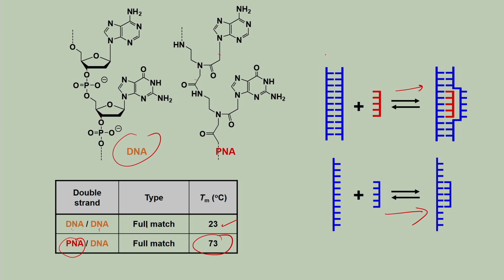This is a DNA double helix, and if you have a synthesized PNA which is complementary to part of the DNA, then this PNA has the ability to disrupt the local hybridization of the DNA and make a new DNA-PNA hybridized double strand, because this has lower energy. This is called the displacement of the DNA double helix.